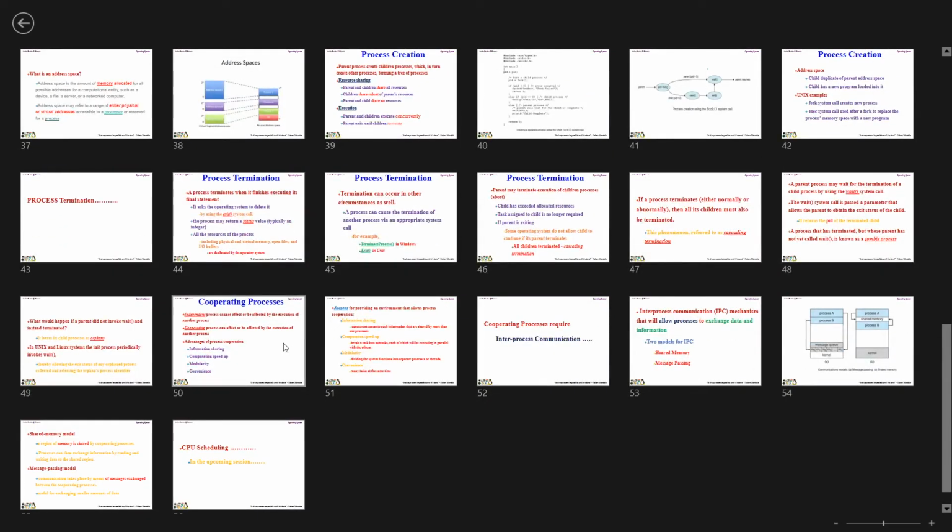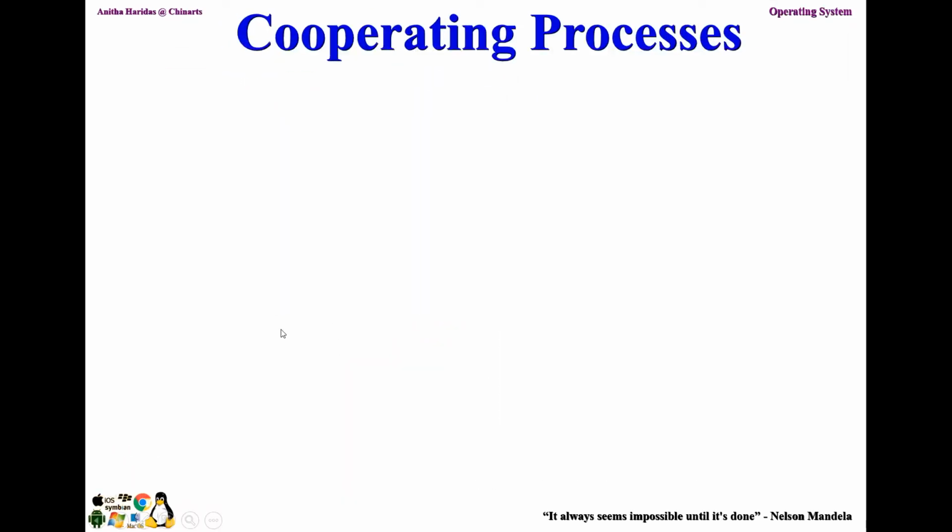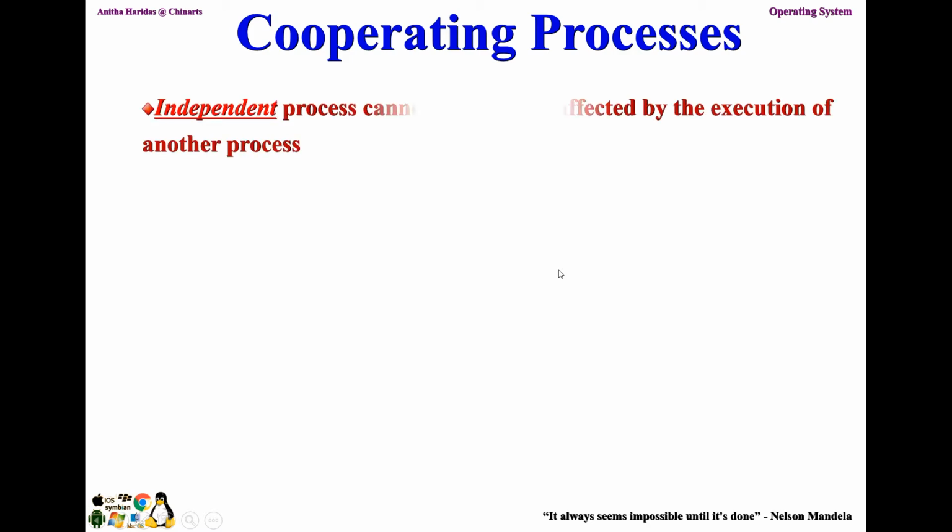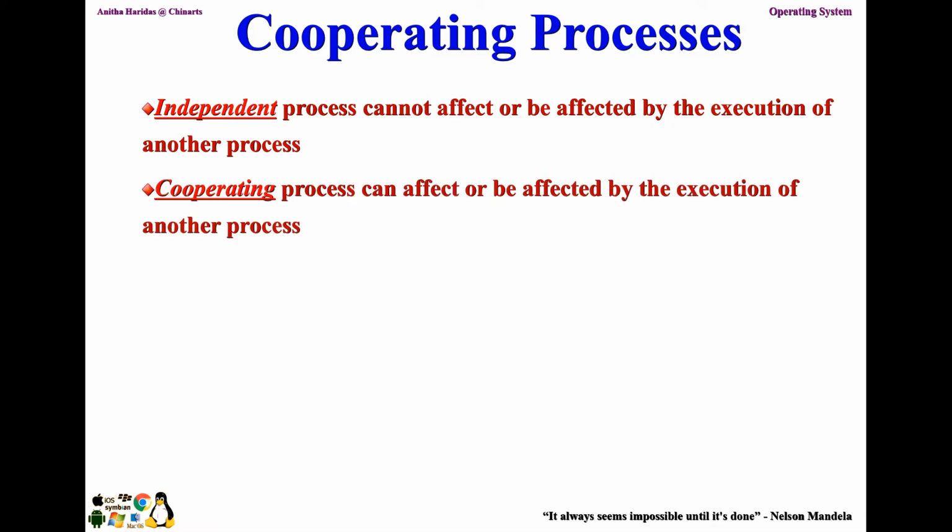So today we are going to talk about the cooperating processes. Yesterday we had seen that when processes are created by the operating system, we can have two types of processes. One is called an independent process, the other one is called a cooperating process. The independent process will not affect other processes.